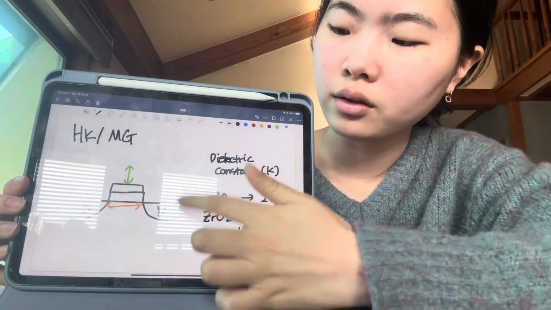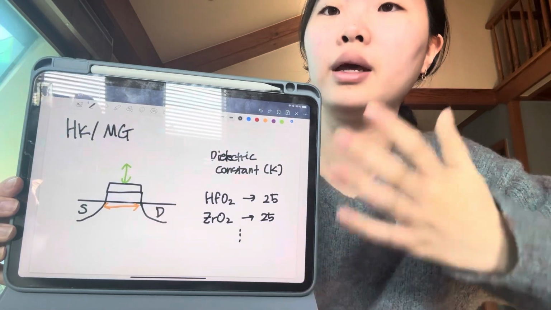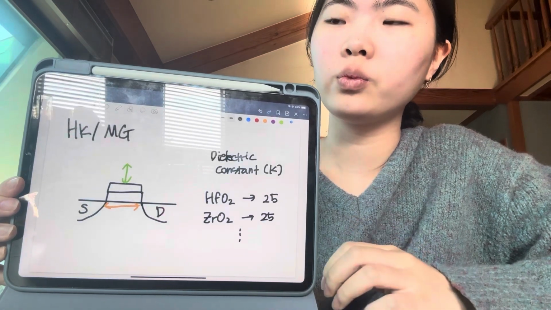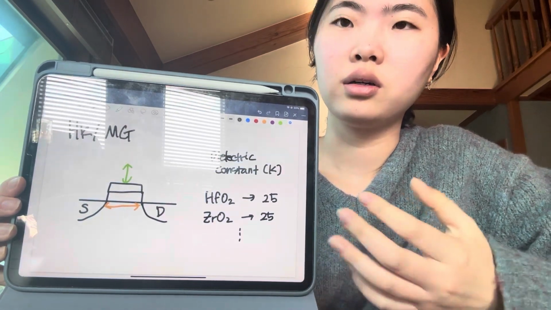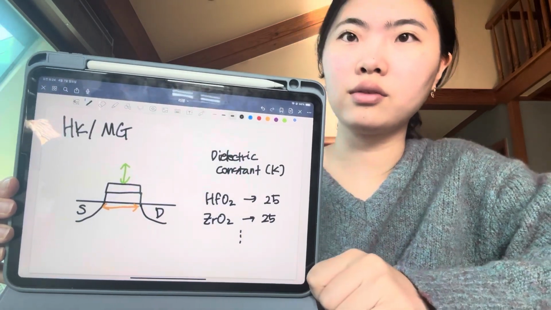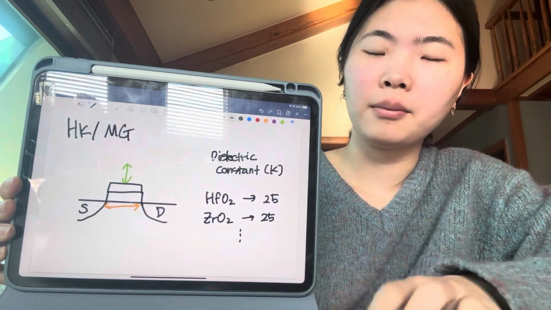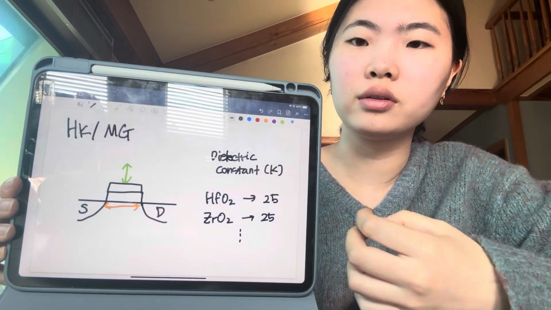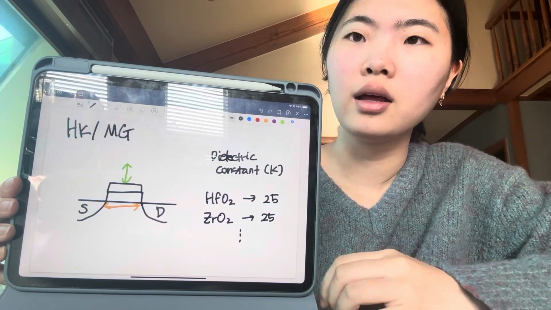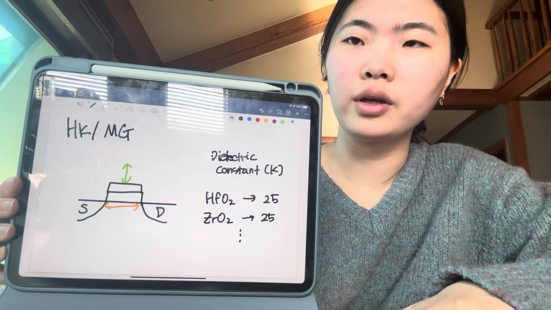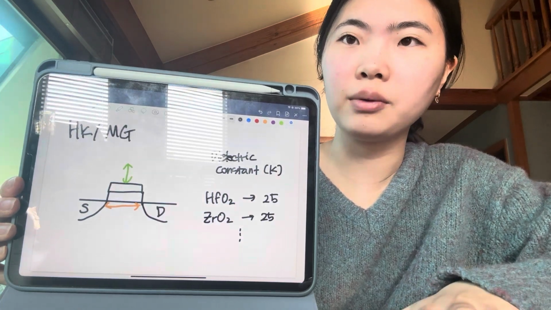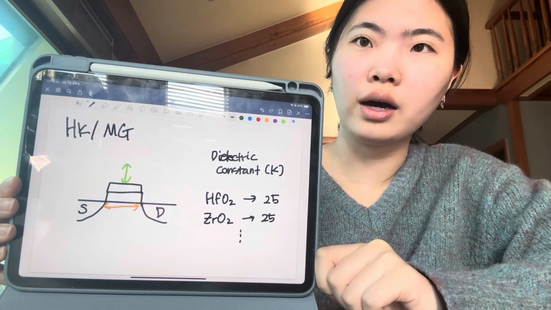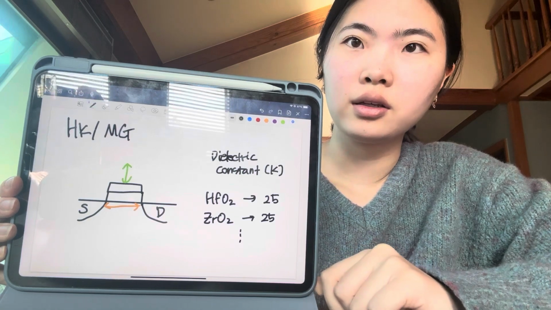There are many materials which have a high dielectric constant. We use them to give higher mobility to the carrier, and because of the high-K material, we can control the gate better than before. So nowadays we use high-K material to control the gate.